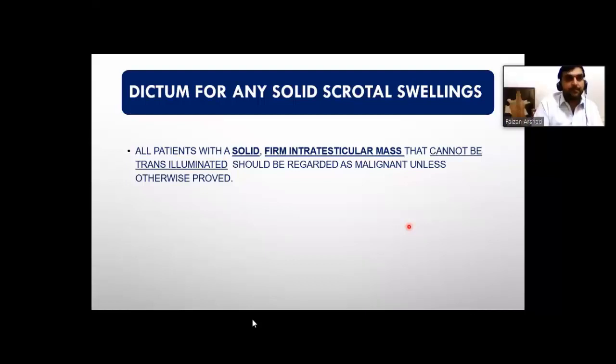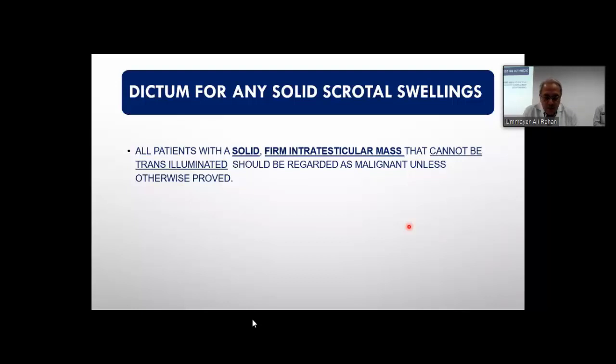Yes, painless. So if a person comes to you with a mass in the scrotum, the first thing is to ask the patient for how many days he has been observing that the mass is increasing in size, and whether there is any association of pain or not.